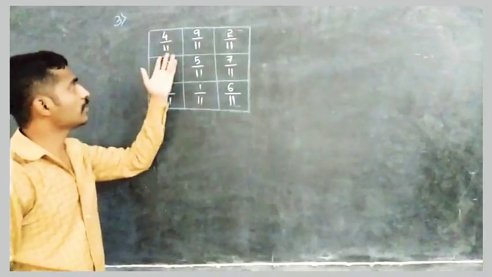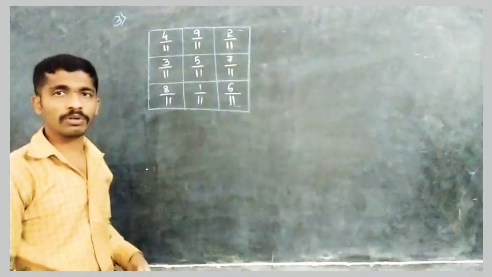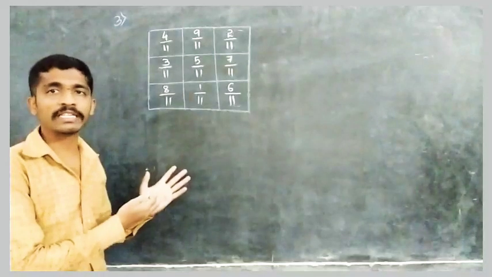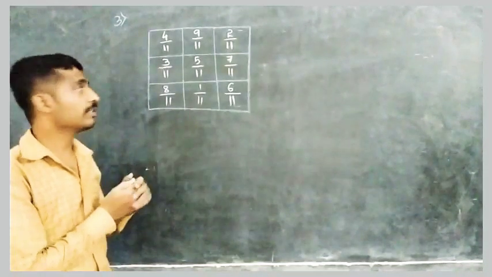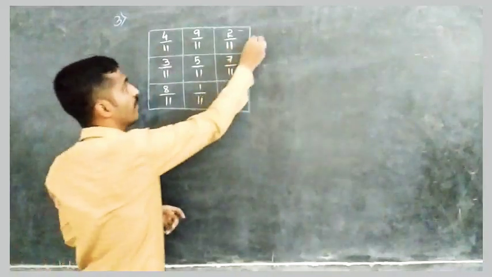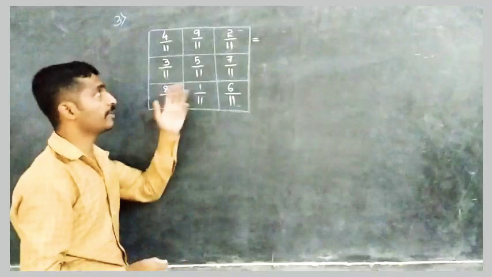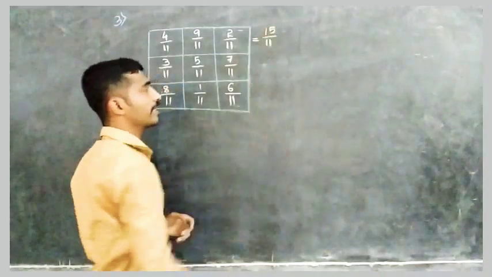Okay, so the denominator is the same. There is no need to bother about taking the LCM. What you have to do is just add the numerators and write the same denominator. So if I add 4 plus 9, 13, 13 plus 2, that is 15 by 11.